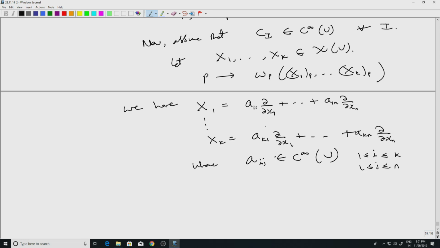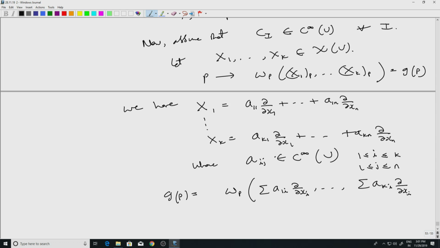So we have these smooth coefficient functions, and then just use multilinearity. This function, let's call it g of p. Then g of p is equal to omega p. Instead of X1, I just write a1I del by del xI, etc., akI del by del xI.